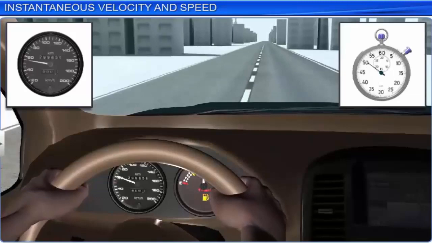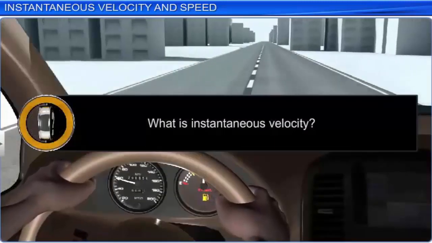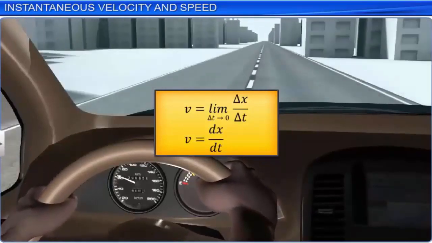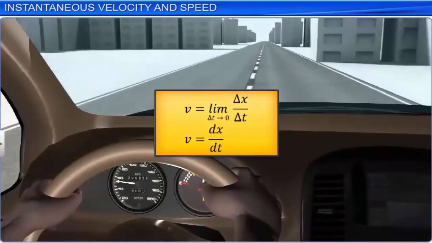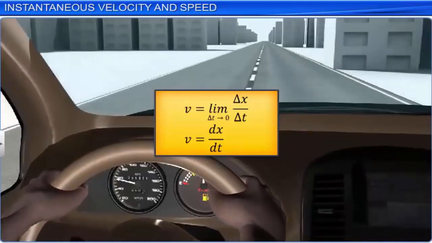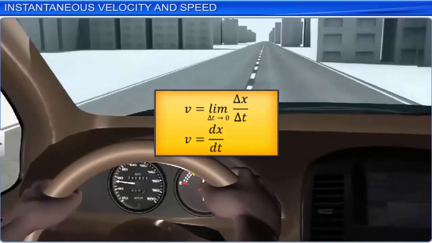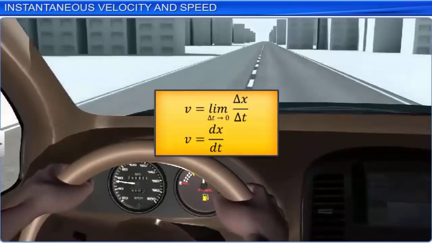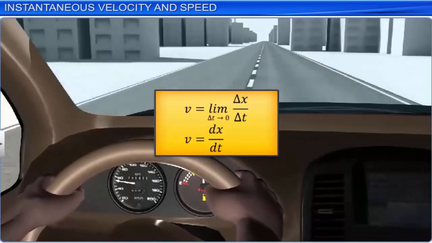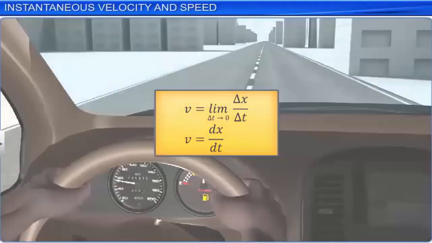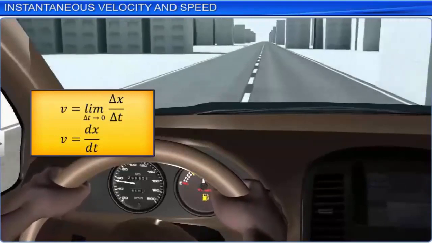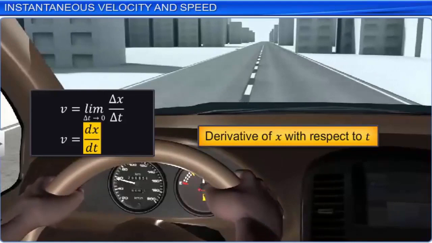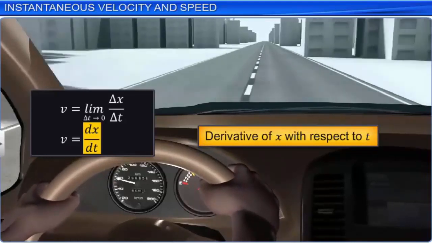What is instantaneous velocity? The velocity at an instant or instantaneous velocity is defined as the limit of the average velocity as the time interval, delta t, becomes infinitesimally small. In differential calculus, the right-hand side of this equation is called the derivative of x with respect to t.